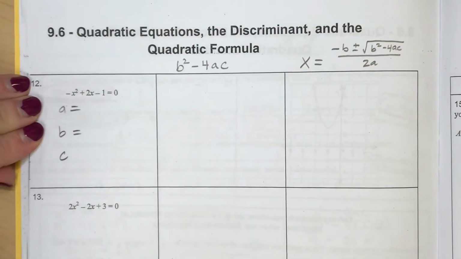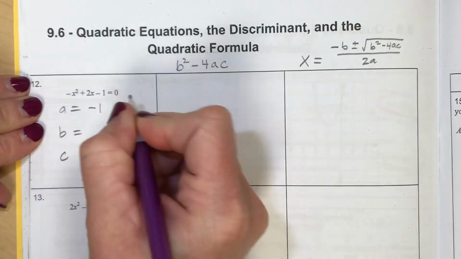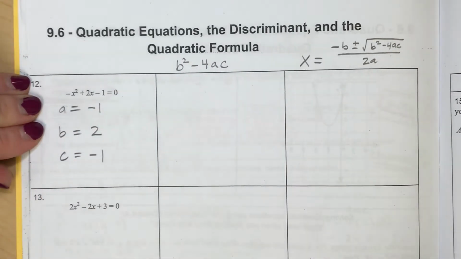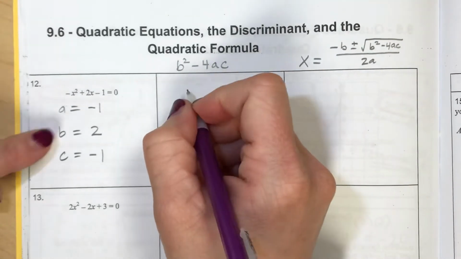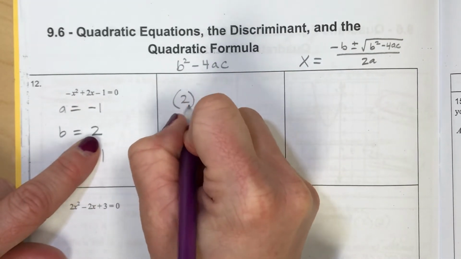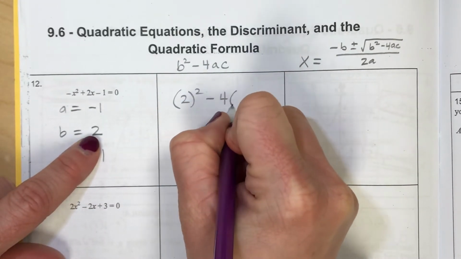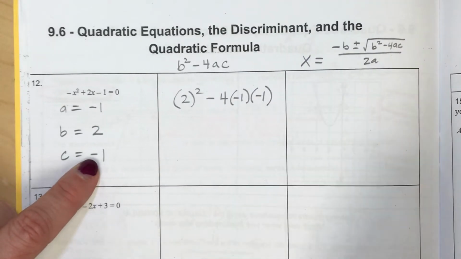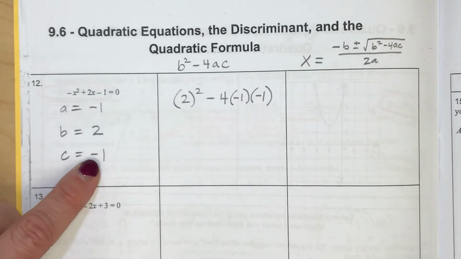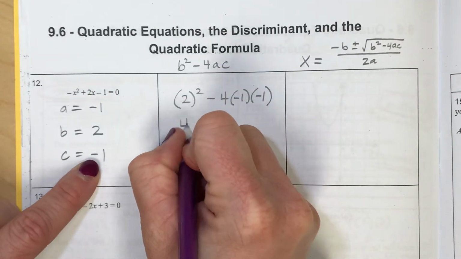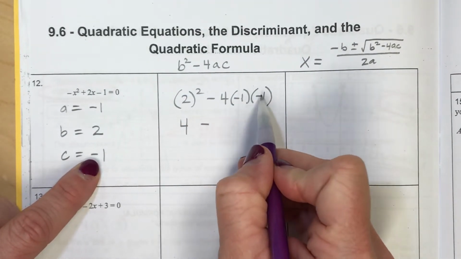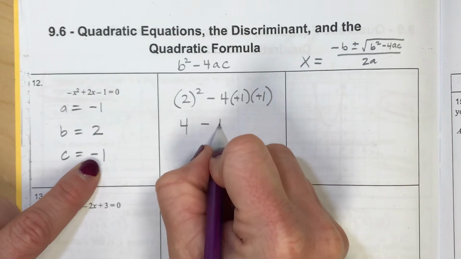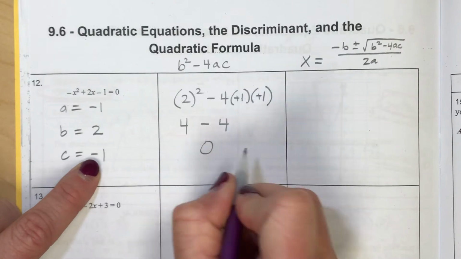So in this example here, my a is negative 1, b is 2, and c is negative 1. So I'm going to start with my discriminant first, which is b squared. So 2 squared, and then minus 4 times negative 1 times also negative 1. So here, 2 times 2 is 4. Negative 1 times negative 1 is going to make both of those positive, and 4 times 1 is just 4, and so I get 0.